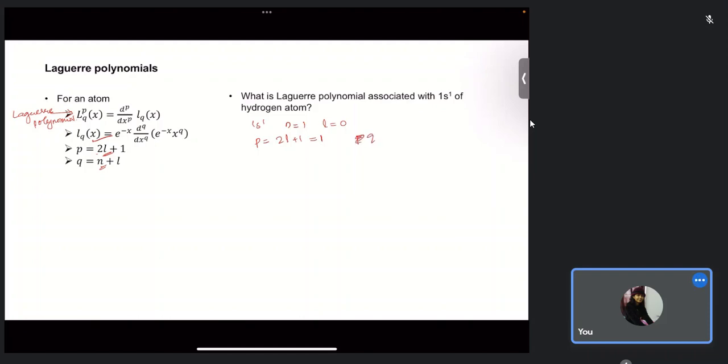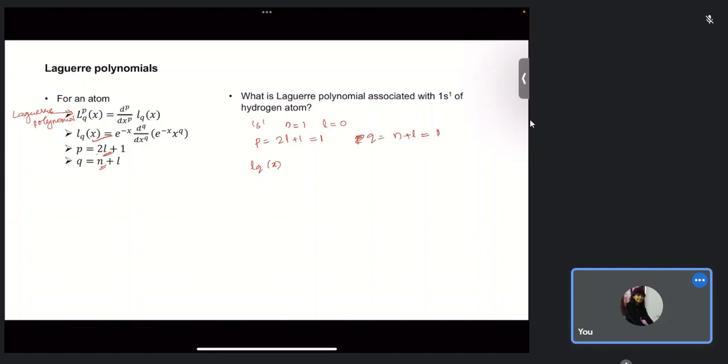Q is equal to N plus L, so that is also 1. I think 1s1 itself has been solved in the class by the professor. I'm just solving it so that you get familiarized with it.